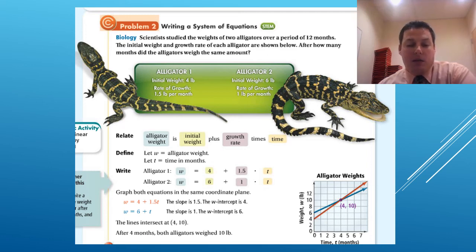That's what they did here. They found that alligator 1's weight, the equation of his line, was 4 plus 1.5 T, and alligator 2 is 6 plus 1 T. So here are the equations. When you graph them on graph paper, they should look like this.